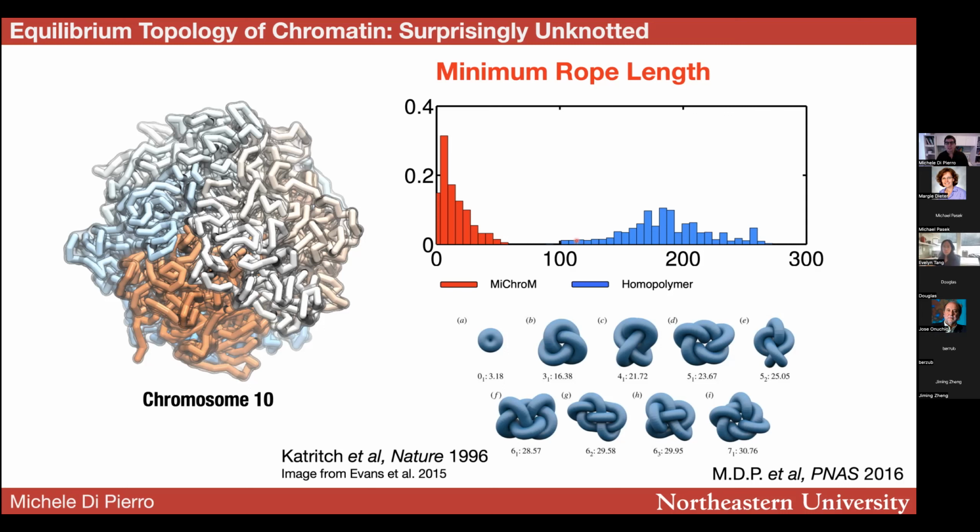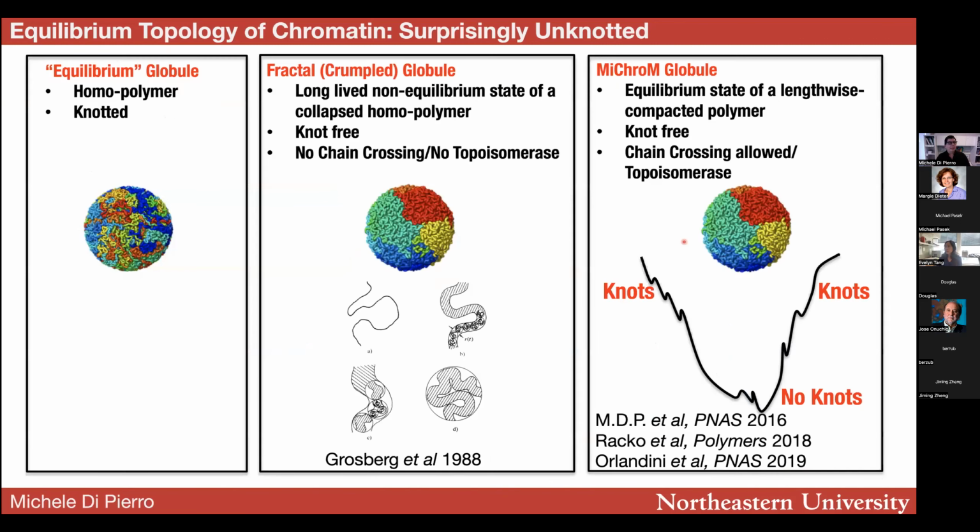If you start with a homopolymer, a homopolymer is naturally knotted, like an equilibrium globule. If you take a homopolymer and let it equilibrate, you get an ensemble of structures which are fairly knotted. Then what we did was we turned on our minimal chromatin model potential, and that's effectively removing knots.